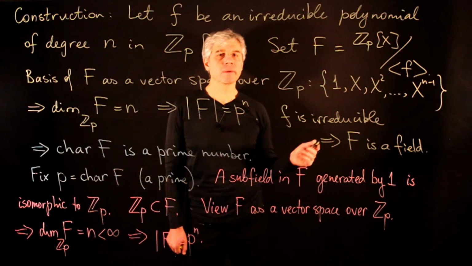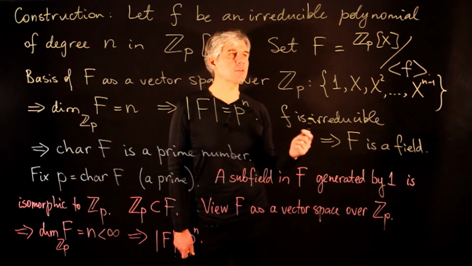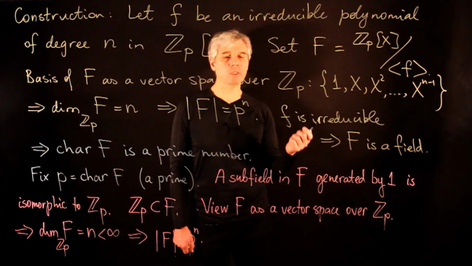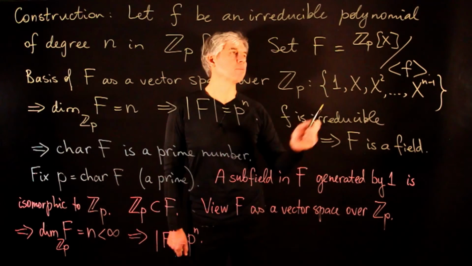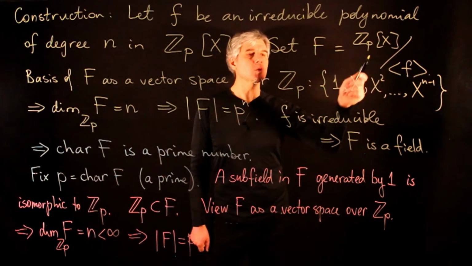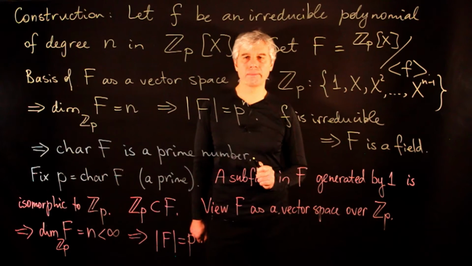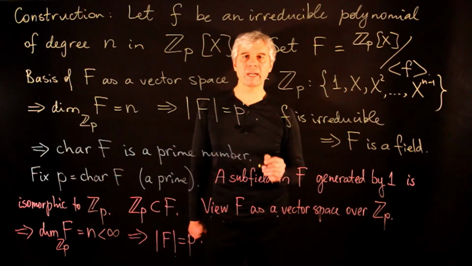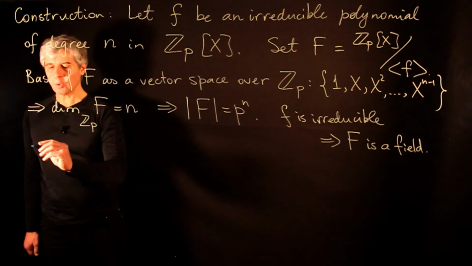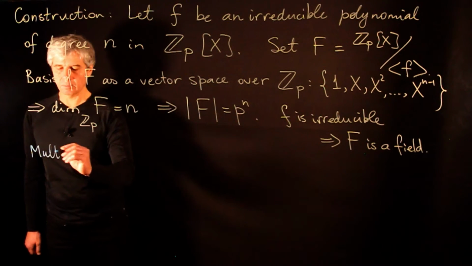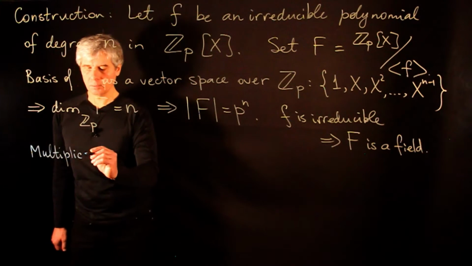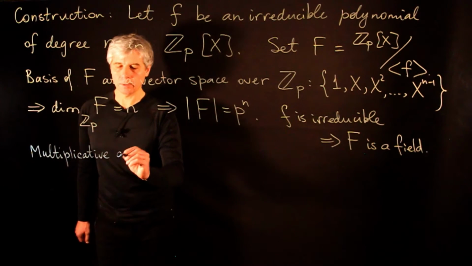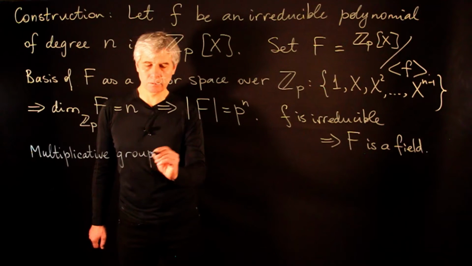This construction may give an impression that we can construct different finite fields of the same size by taking different irreducible polynomials of the same degree. However, we're going to see that all these fields are in fact isomorphic. Let us look at the multiplicative group of our field.